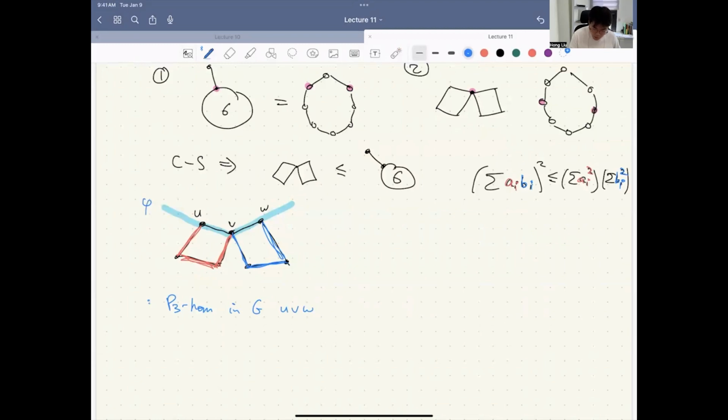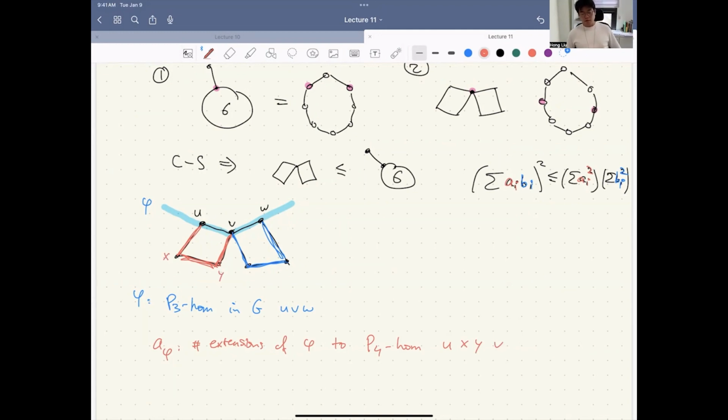So this is a homomorphism phi. Let A phi be the number of extensions of phi to a P4 homomorphism, with vertices X, Y, V.